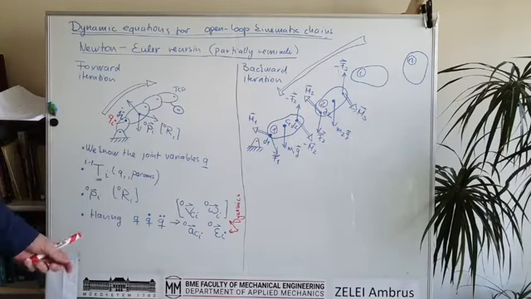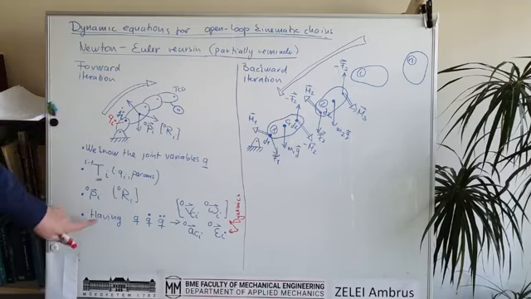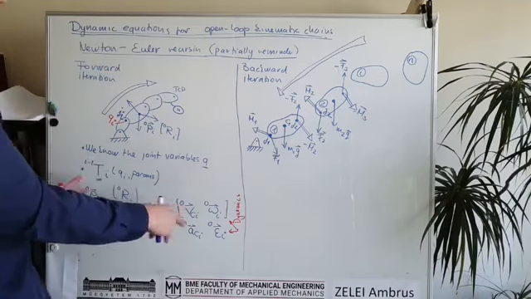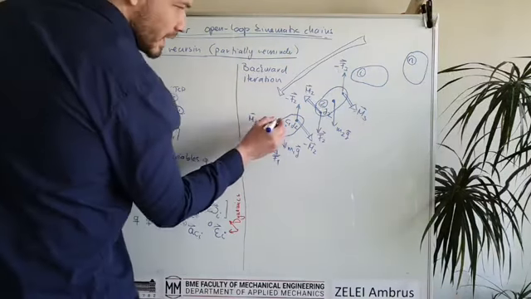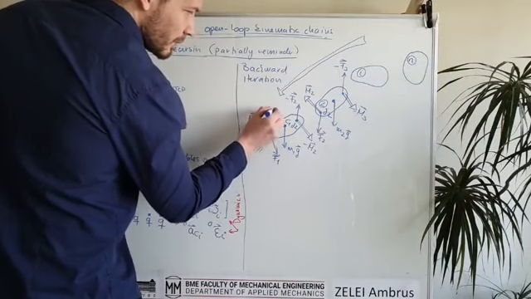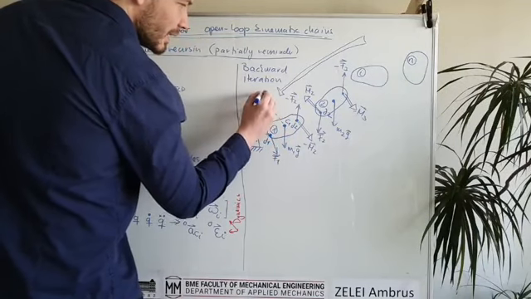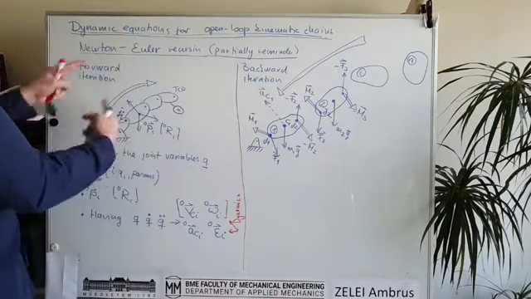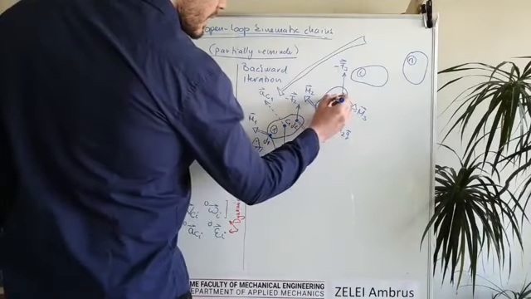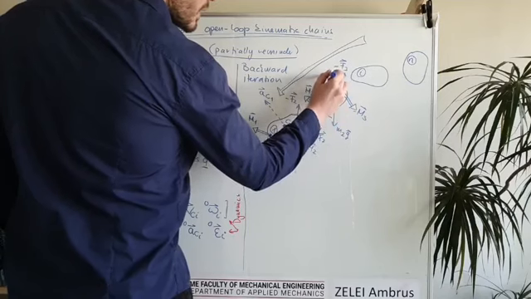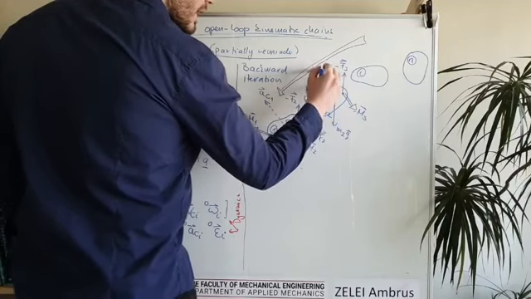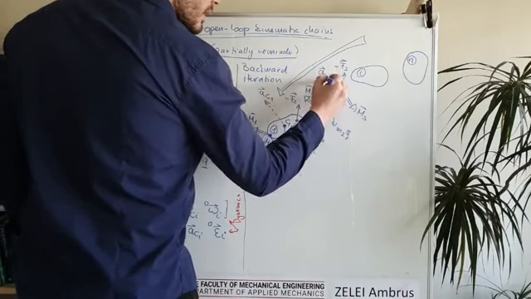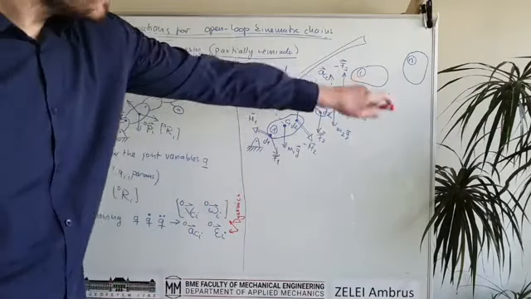And the good thing is that the accelerations can be calculated from the forward iteration. So for each rigid body we also have the information about the acceleration of the center of mass. It's coming from the forward iteration, so the acceleration is known for each rigid link. This is the acceleration of C2 and so on.